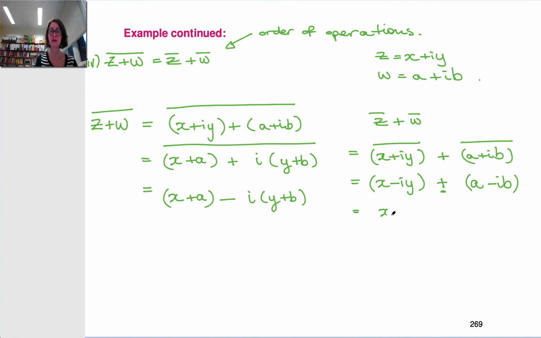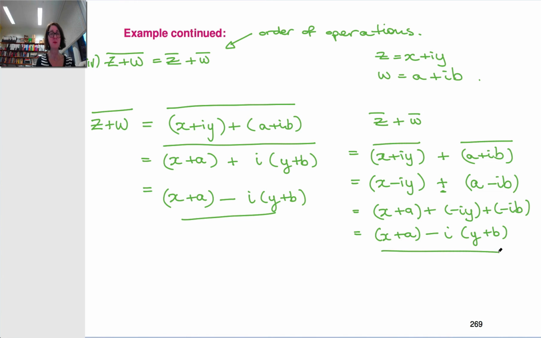So this is x plus a plus minus iy plus minus ib, and I can take the minus i outside, so this is x plus a minus i(y plus b), and you can see that the expression here is the same as this one, so we showed that result.